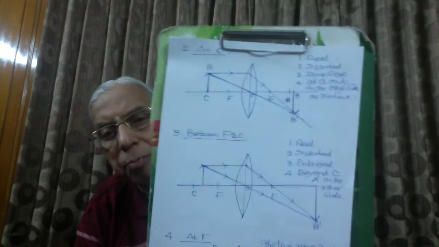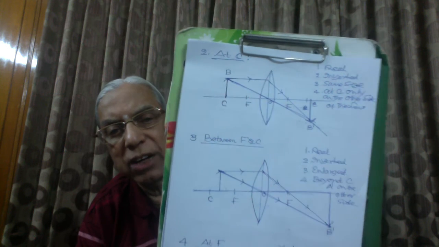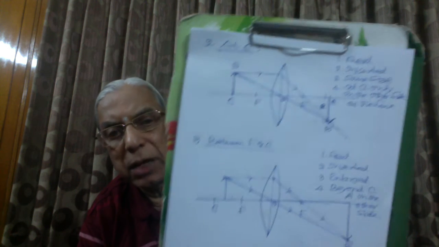Now I'll take up the next position of the object. The object was placed beyond C. Now I am placing the object at C. Because I place the object at C, I can't put A; CB becomes the object.